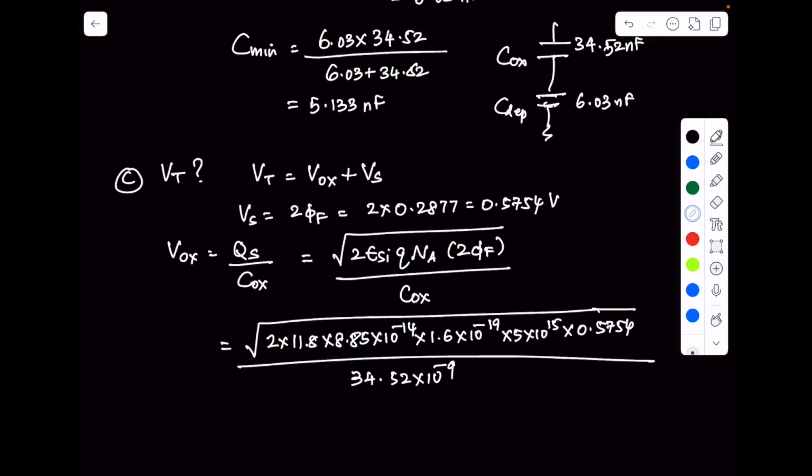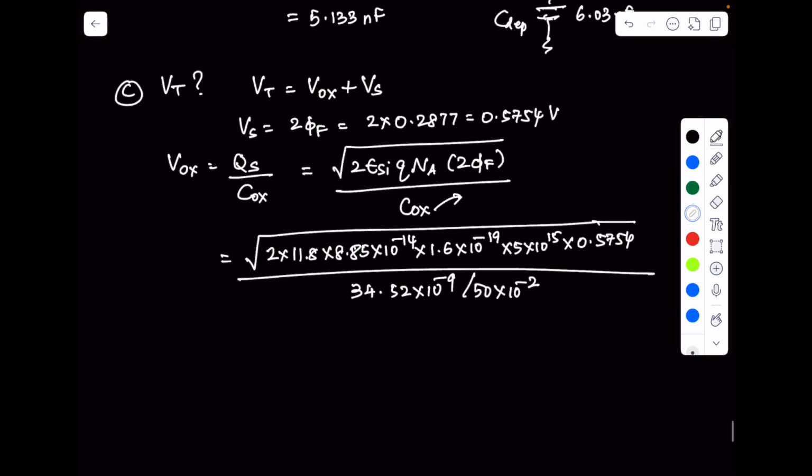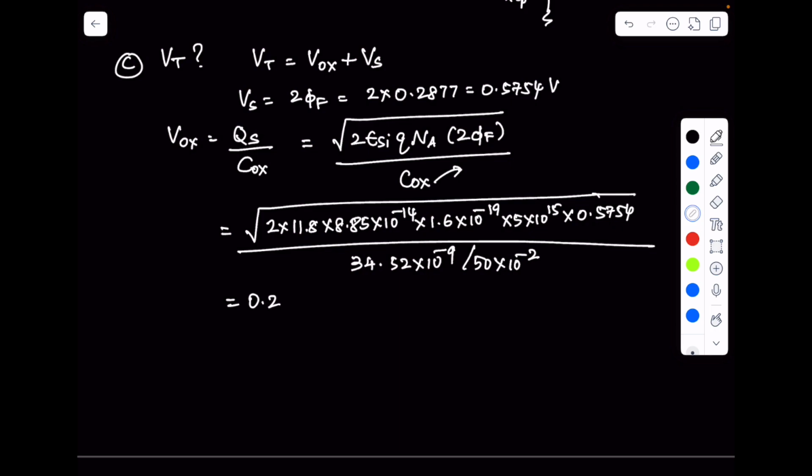Now this is the Cox of the 50 mm squared. This Cox, remember, is capacitance per centimeter squared. So this divided by 50 into 10 power minus 2, which is 0.2008 volts. Right? So that's the drop in the oxide.